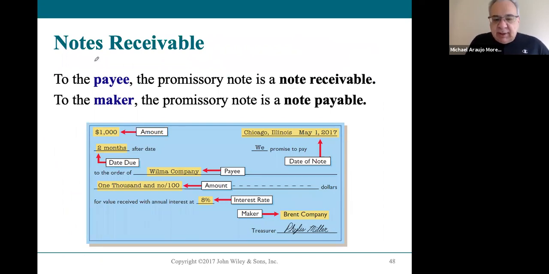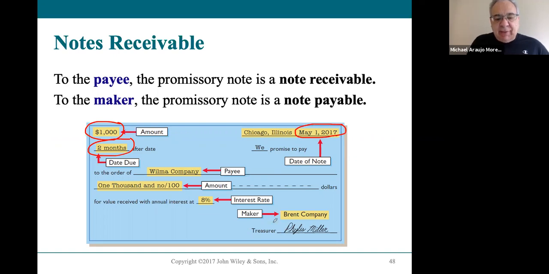It does look pretty official. It's a contract, right? You have an amount that's listed here. You have a due date. You actually have a date of the loan.